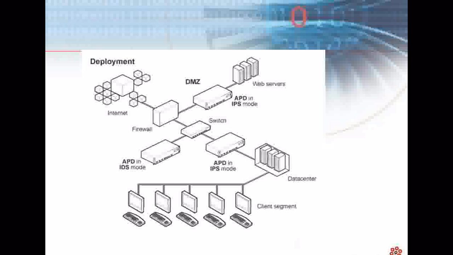Additionally, you may want to use additional APDs within your networking infrastructure to monitor separate segments, to have different rule sets, to protect the server farm inline with that segment, and so on.